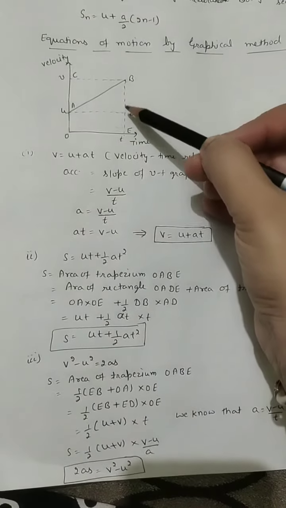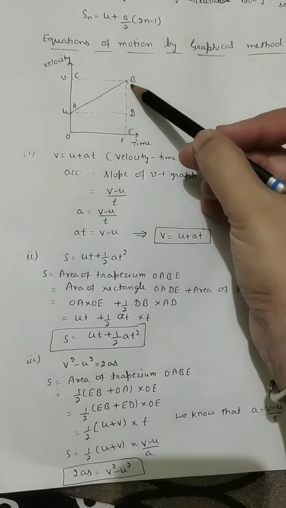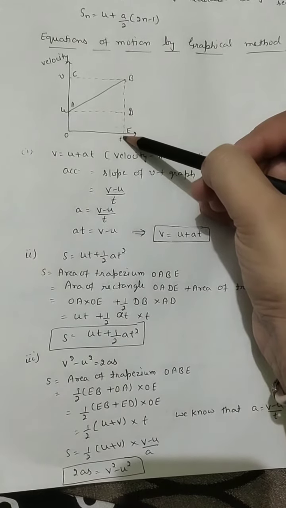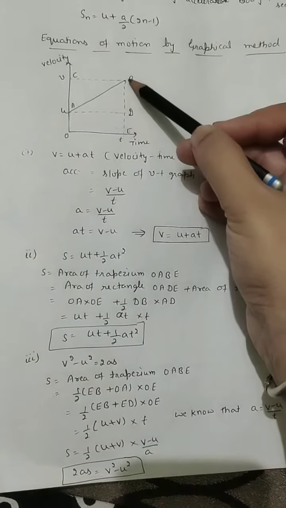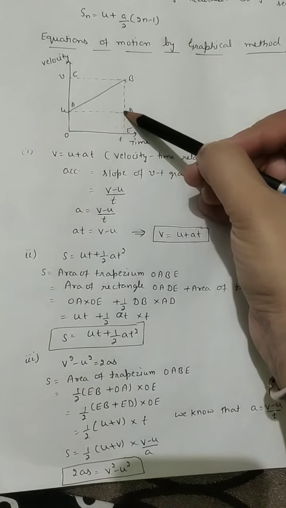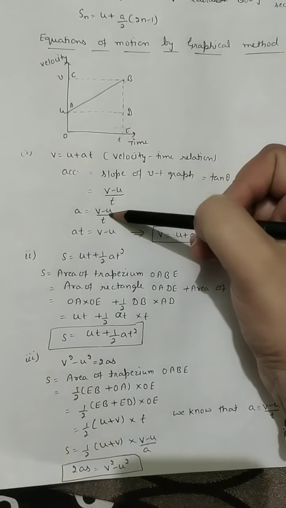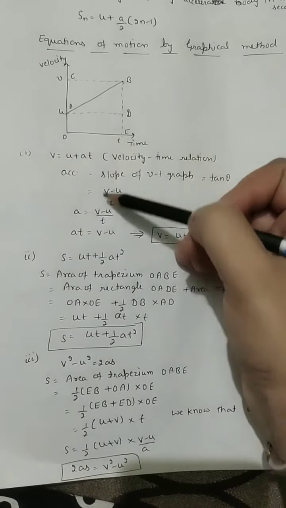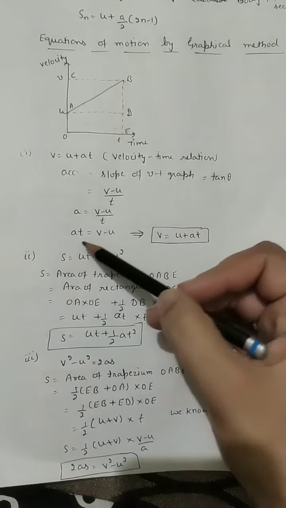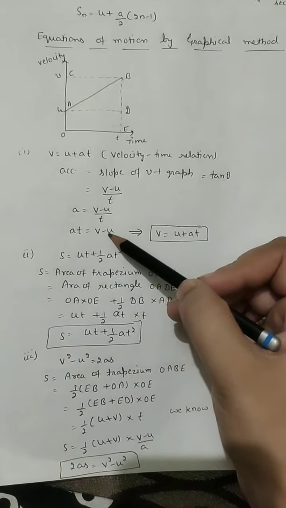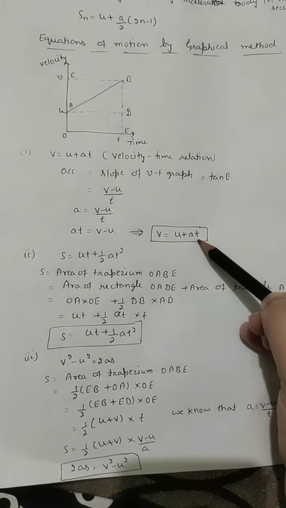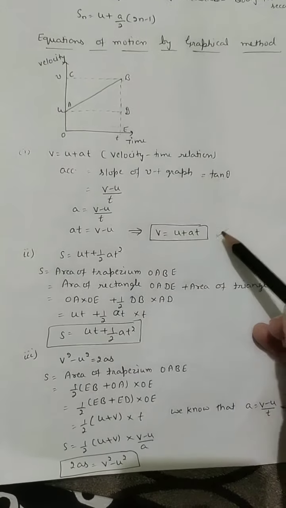Tan theta means perpendicular upon base. Here the perpendicular BD is v minus u, and the base is t, so a is v minus u upon t. Cross multiplication gives at is equal to v minus u, so v is equal to u plus at. That is the first relation.